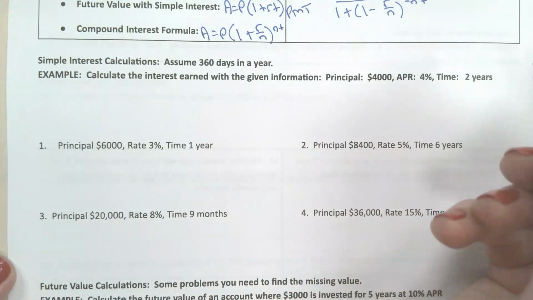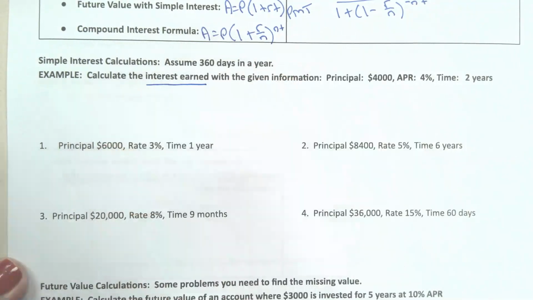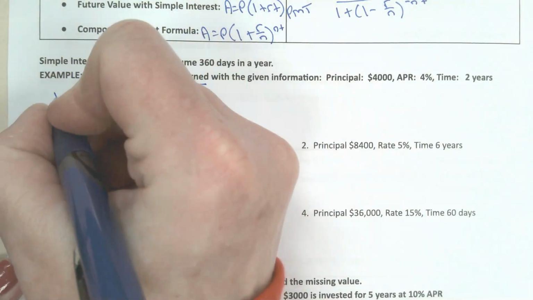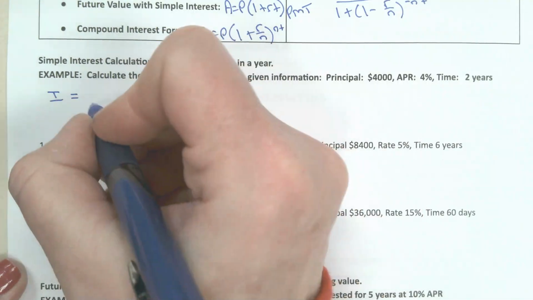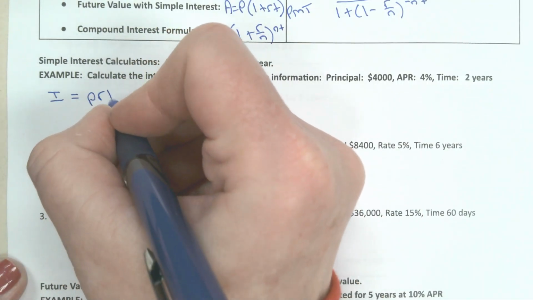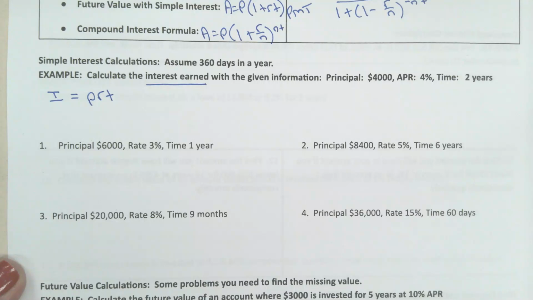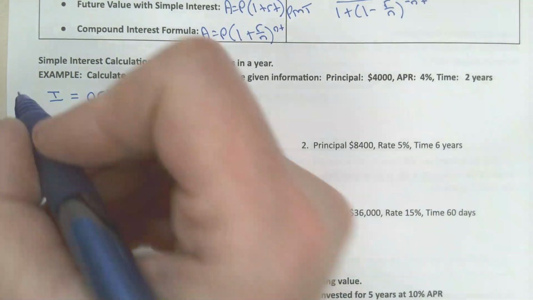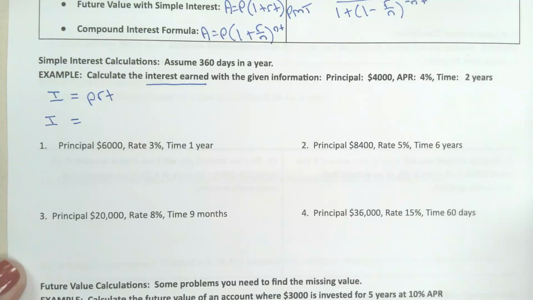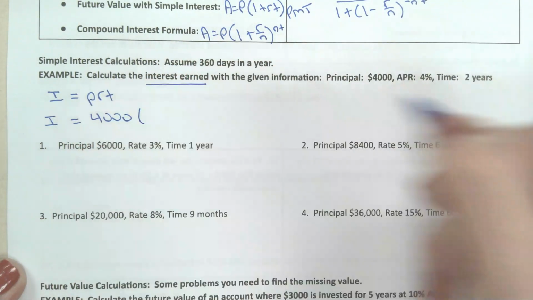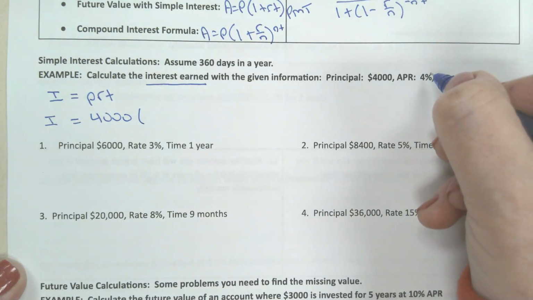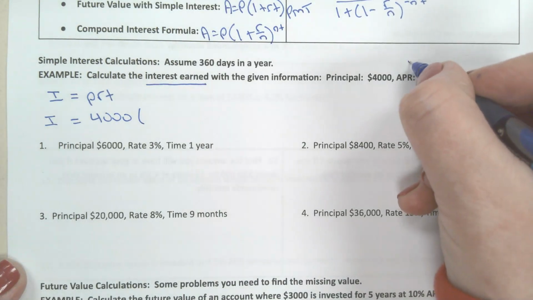Example, calculate the interest earned with the given information. It tells you what to do, and I know interest equals principal times rate times time. The principal, I'm told, is $4,000. The rate is 4%.